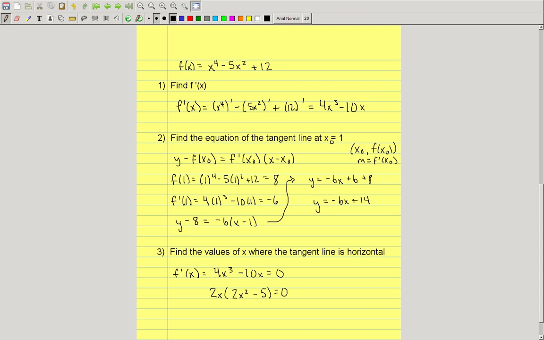And that allows us to treat this as two separate problems. 2x equals 0, which clearly tells us that x equals 0 is an answer. And 2x squared minus 5 equals 0, which tells us that x equals plus or minus the square root of 5 halves is an answer.